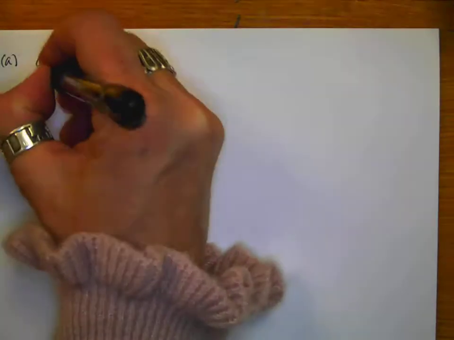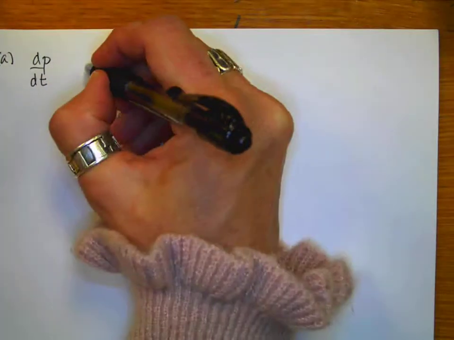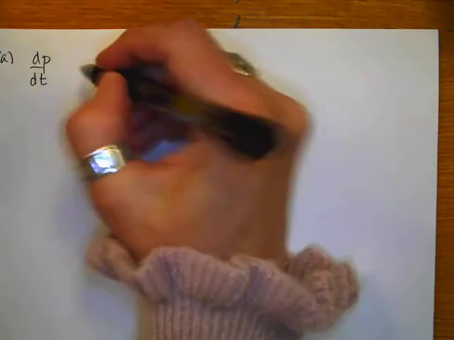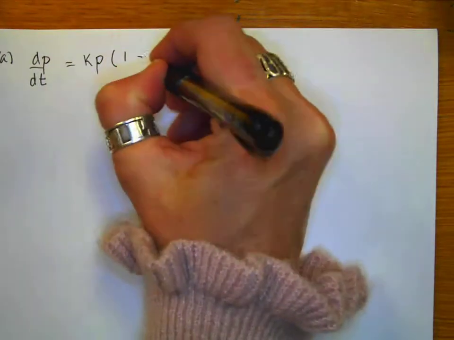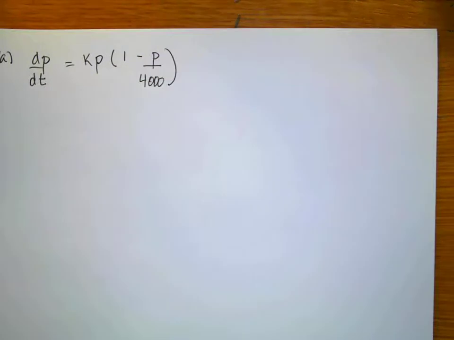So the first part in A, they gave you the rate of the population change, and it is, I have to turn my page back over so I can rewrite it. So it's going to be Kp times 1 minus P over 4,000.